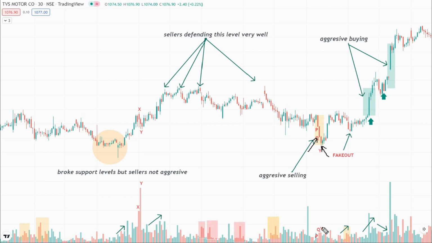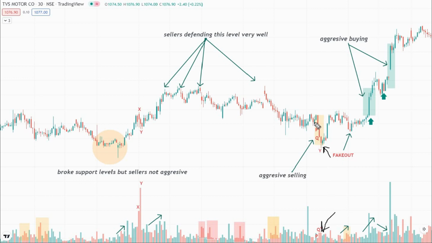P, Q, Y volumes have increased but spreads are remaining the same, and here spreads have decreased, and we are seeing rejection of lower prices. So this is also an indication that buying is coming into the market. Okay, so this is very important.